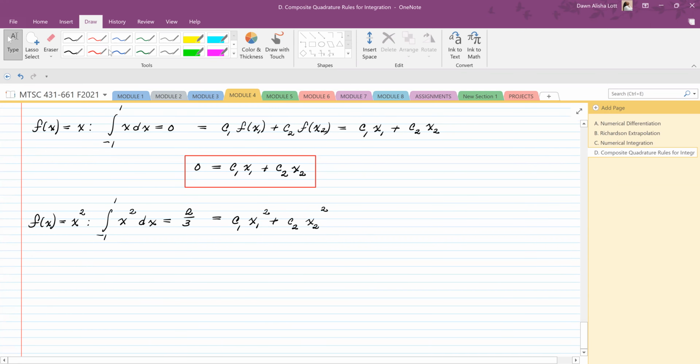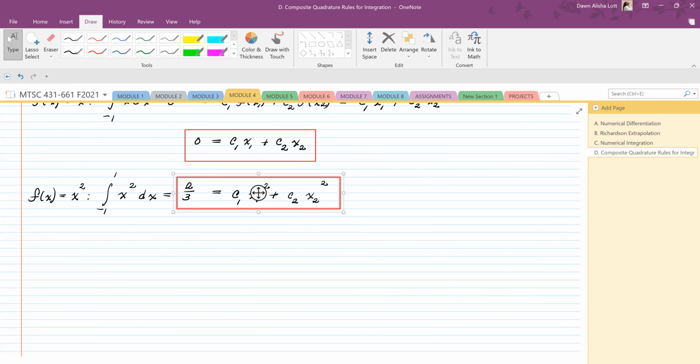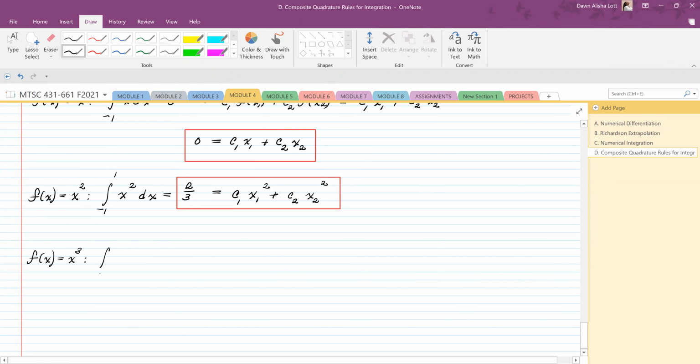So now I get 2/3 has to equal that. And then the last one is f of x equal to x cubed. So I get the integral from -1 to 1 of x cubed dx, and again I'm going to get 0. But this has to equal c1 times x1 cubed plus c2 times x2 cubed.